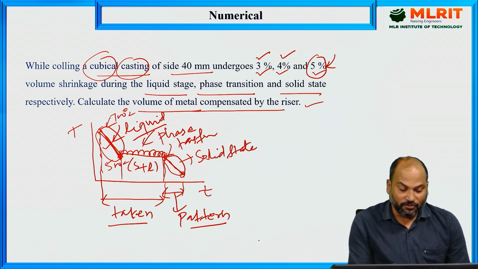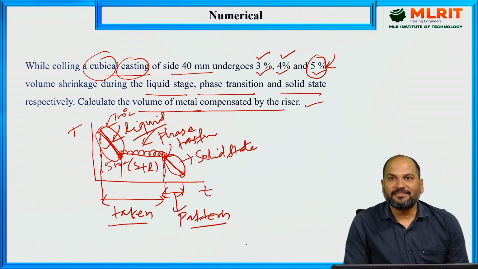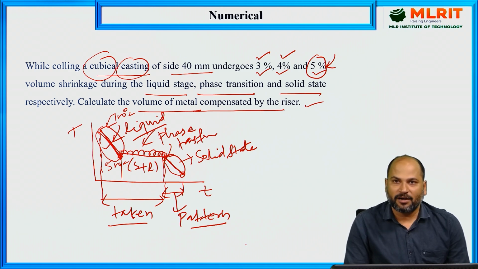As you know, the riser can only take care when the metal is either in the liquid state or in the transition state. Transition state means it is transferring from liquid to solid, meaning some part of the metal is in the solid state and some part is in the liquid state. Only in these two stages will the compensation of the shrinkage be taken care of by the riser.